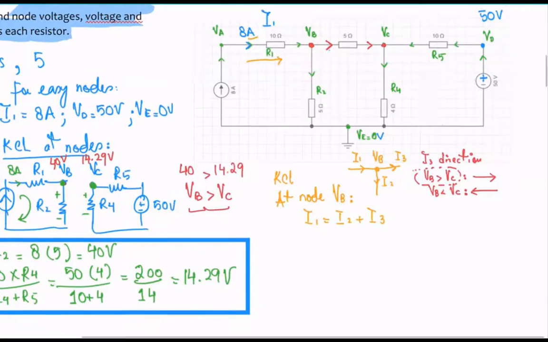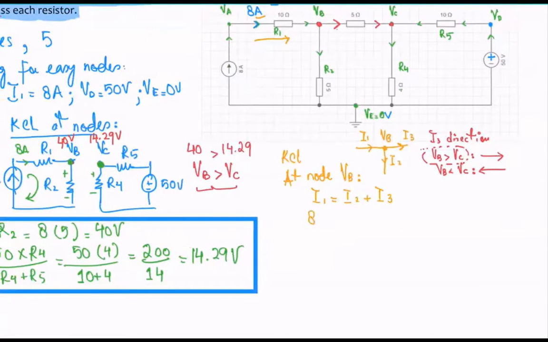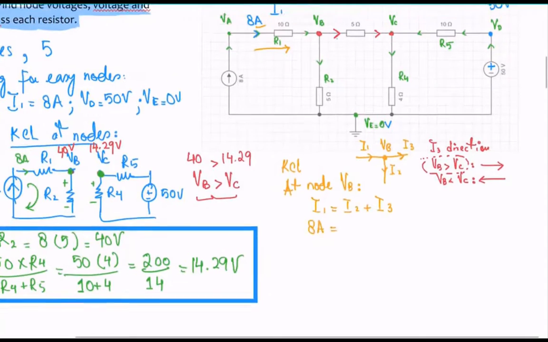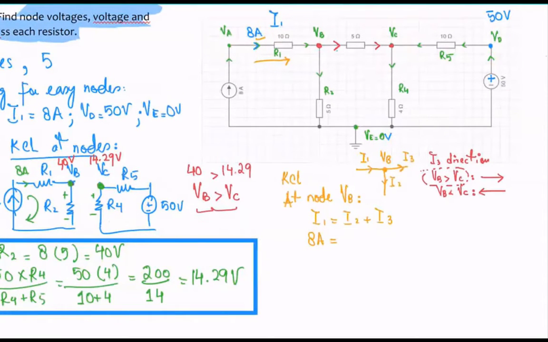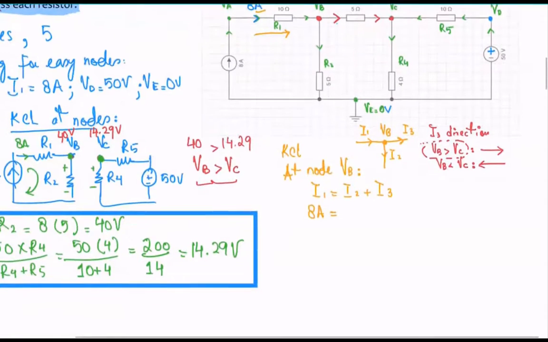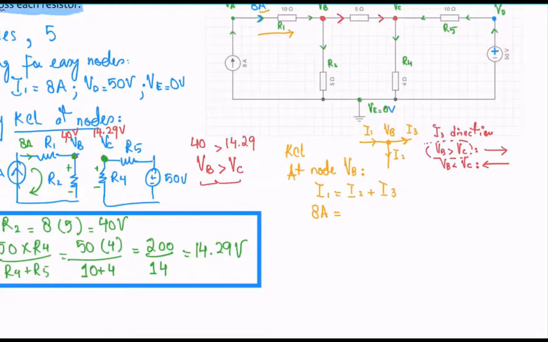I2 is the current through this resistor right here, which is going to be the potential difference of VB and VE. Remember VE is 0, so I simply apply Ohm's law. I get VB minus VE over R2.